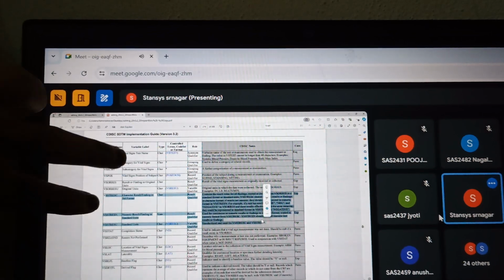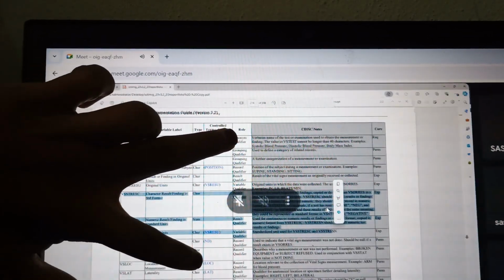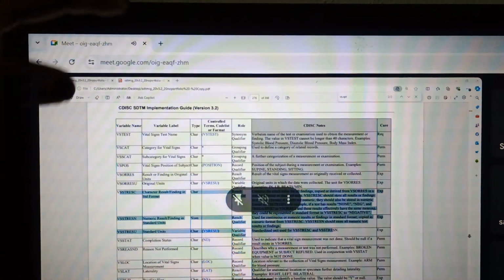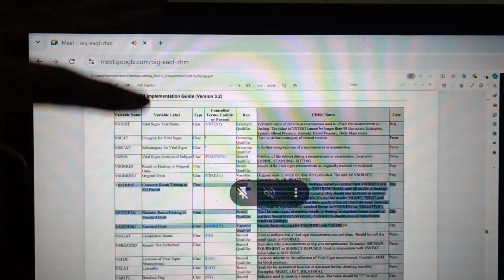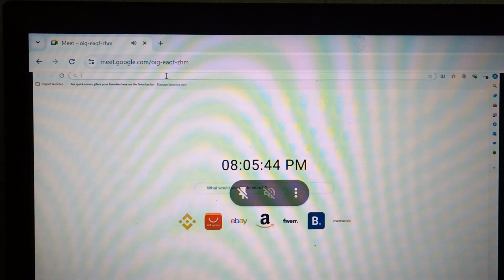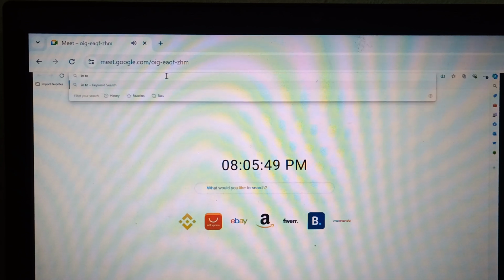be in centimeters. So for that we'll have a conversion factor. For example, let's assume inch to centimeters.